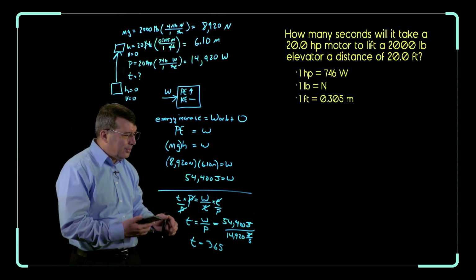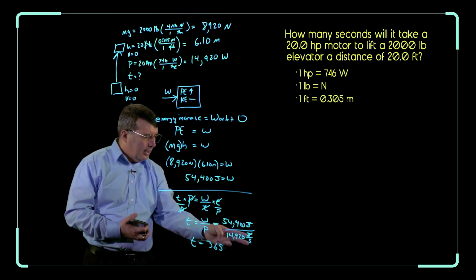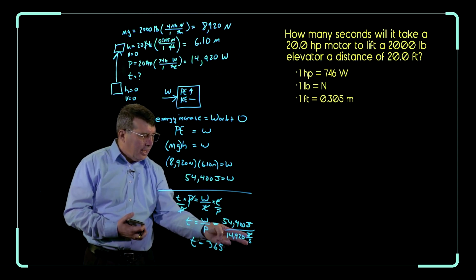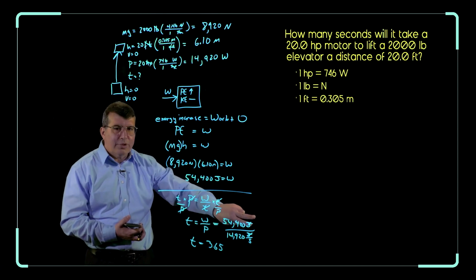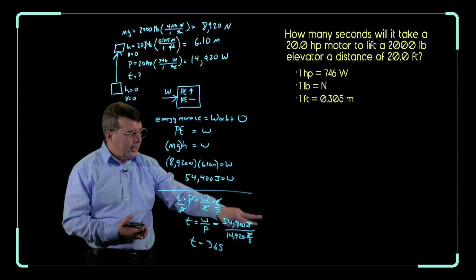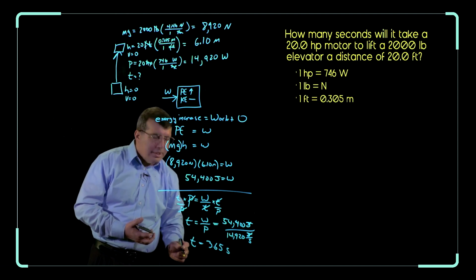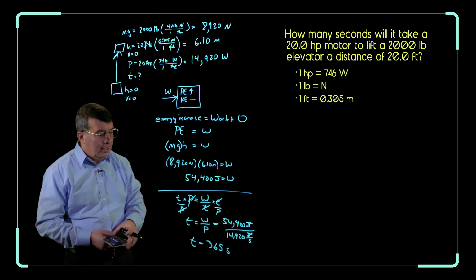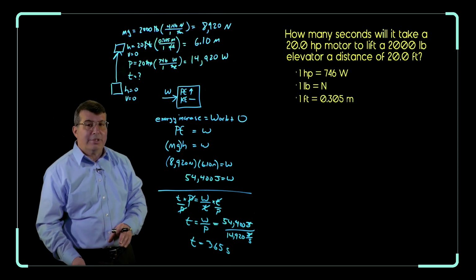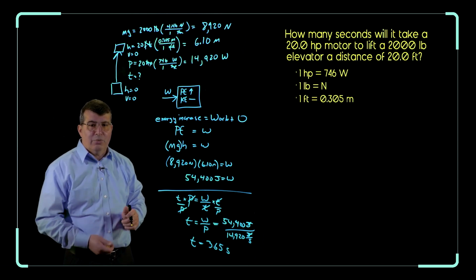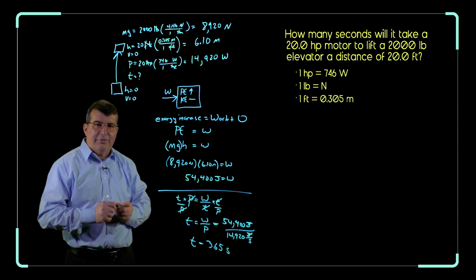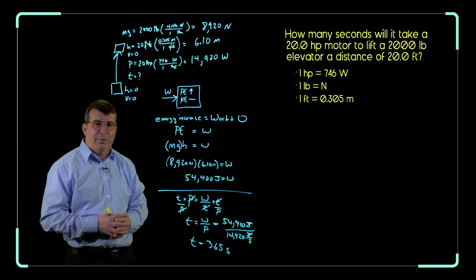And what are my units? Well, I have 1 over seconds in the denominator, so I flip that over to bring it to the numerator. So 1 over seconds, when I bring it to the numerator, becomes seconds. So that is the answer to the question. That elevator would take 3.6 seconds to rise up that distance, given that 20 horsepower motor.